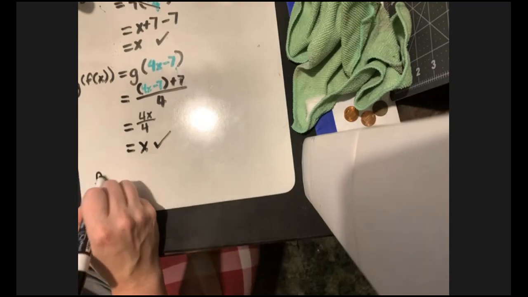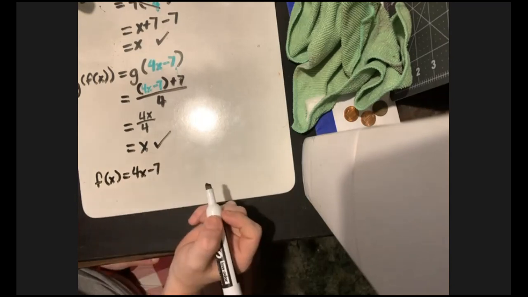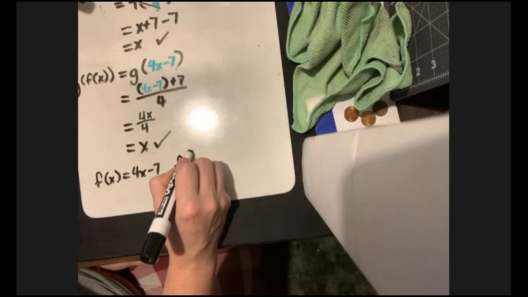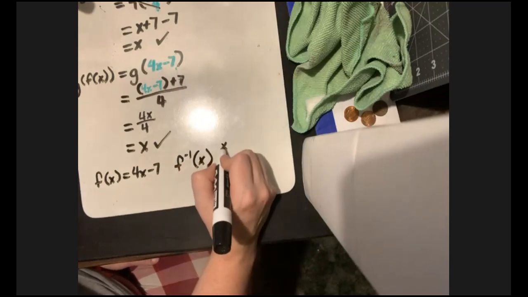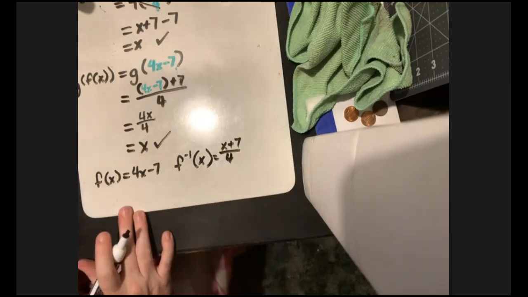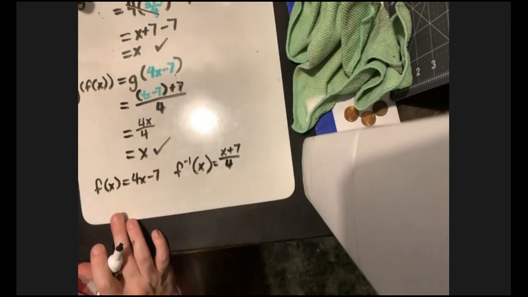So now I would have f of x is 4x minus 7. And instead of having g of x, now that we know that they're soulmates, I'm going to have f inverse is that other equation. So we're not changing the equation. It's still the same that it was before.